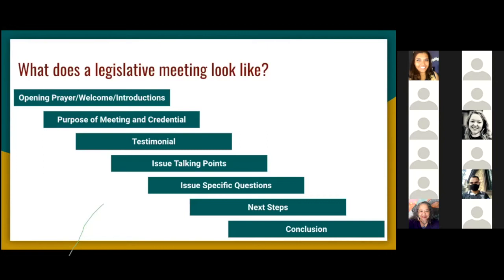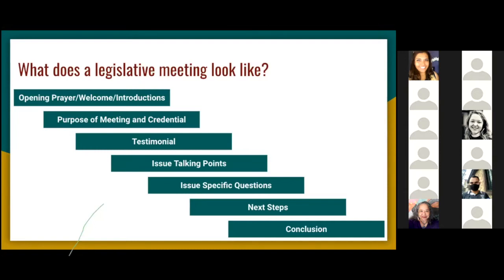One of the things that we have to our advantage as people of faith is that we can bring that into the room with us. And there are times where we want to emphasize that part of our work in the room. Next, you want to be clear with whoever it is that you're meeting with about why you're in the space, right? What is the thing that has caused you to reach out and to schedule this meeting?